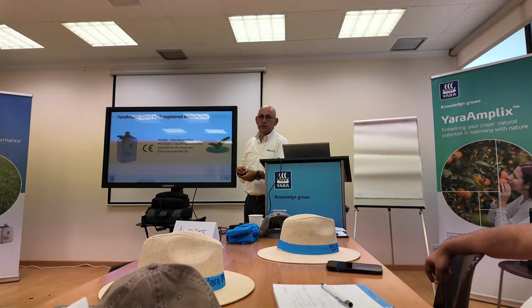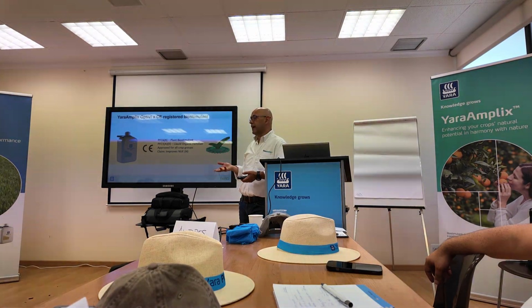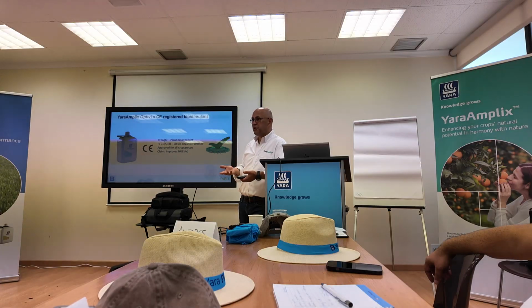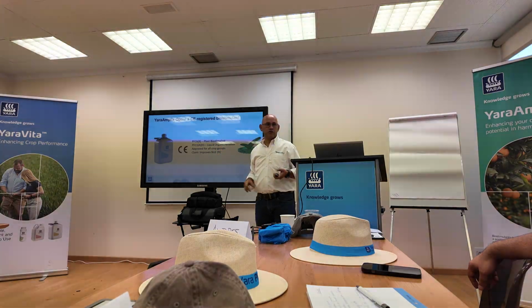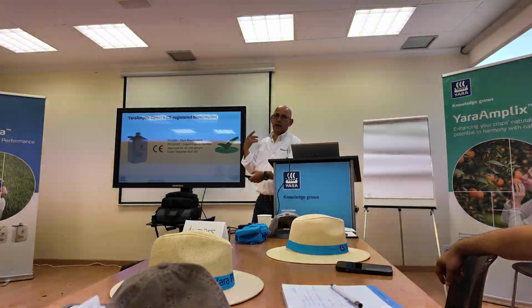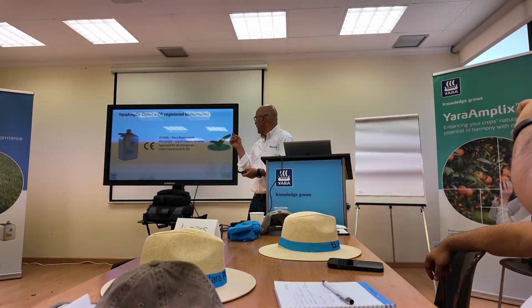This is a very important aspect because this is a concentrated nitrogen source of organic origin. That is why it's classified as a fertilizer because of the nitrogen content, and that allows us to work in the organic sector.